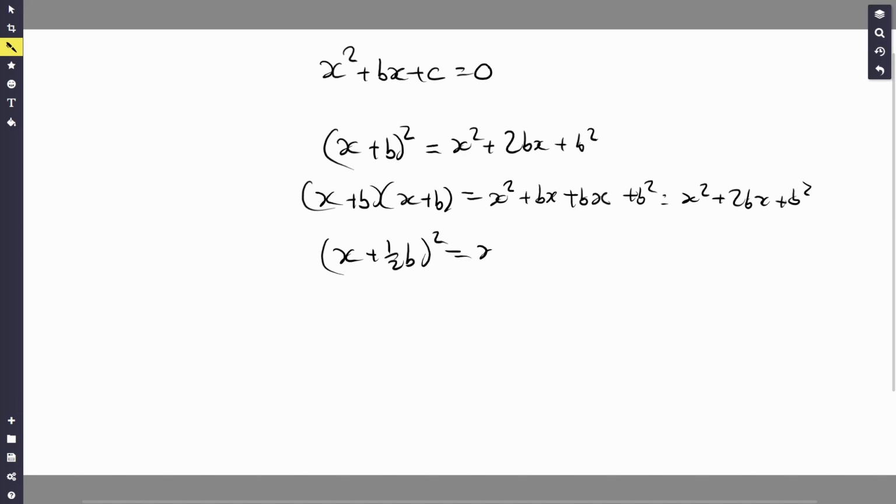Because then when I multiply it out, I'll get x squared plus a half bx plus a half bx plus b squared over 4, and then that'll simplify to x squared plus bx plus b squared over 4. Okay, so there we go.